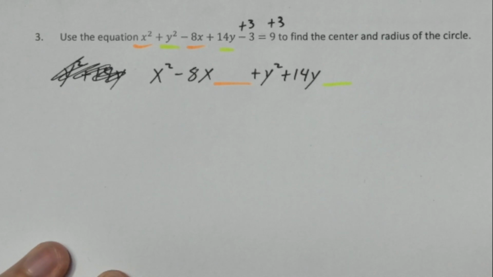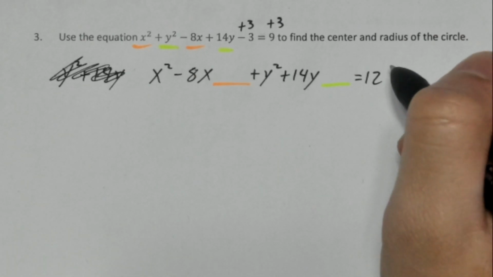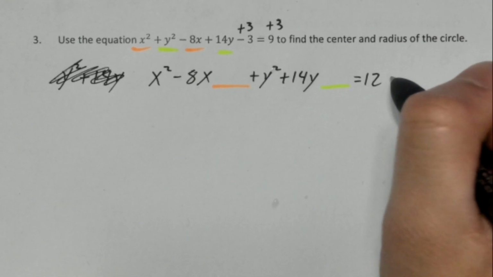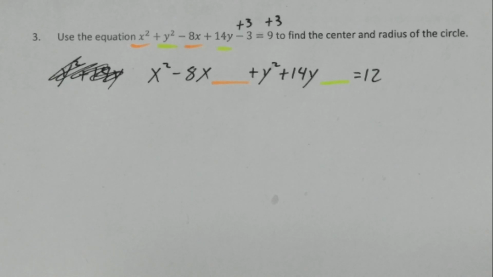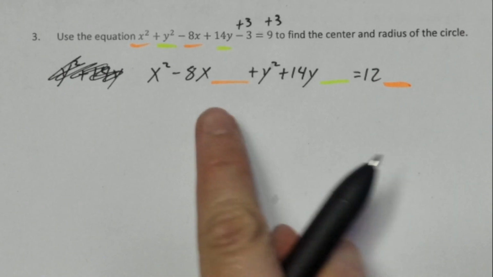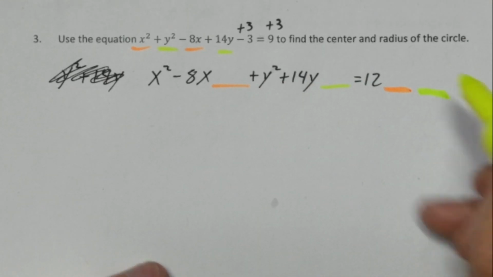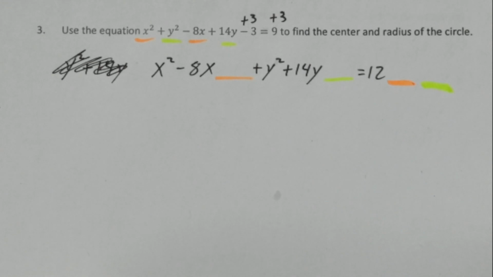That 3, of course, I'm going to take it to the other side. So adding 3 to both sides will give me, on this side, 12. Then I have this number, which will be the same here, and this number, which will be the same here on the other side.